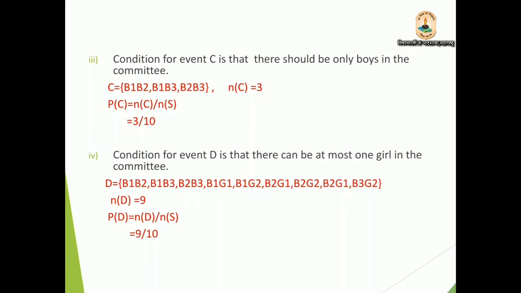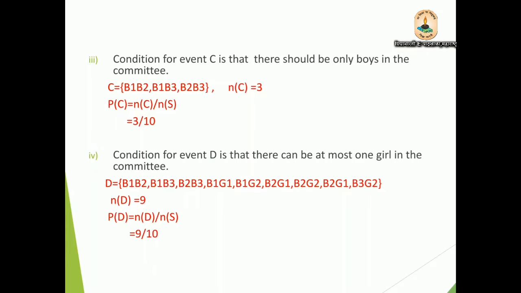Then the event D is there can be at most one girl in the committee. Here at most one girl means one girl or less than one means no girl. And hence from the sample space we write the event D as D equals to curly bracket B1 B2, B1 B3, B2 B3, B1 G1, B1 G2, B2 G1, B2 G2, B3 G1, B3 G2.